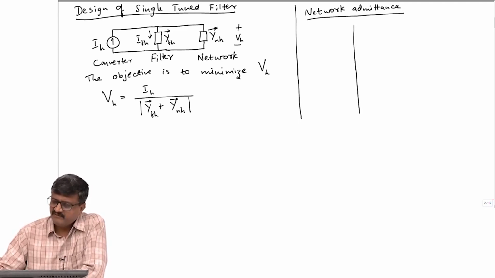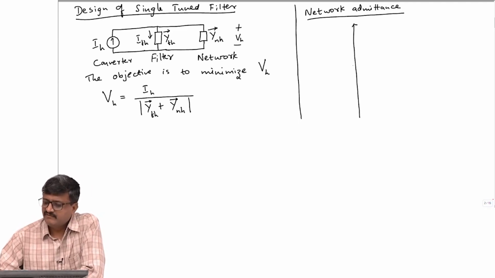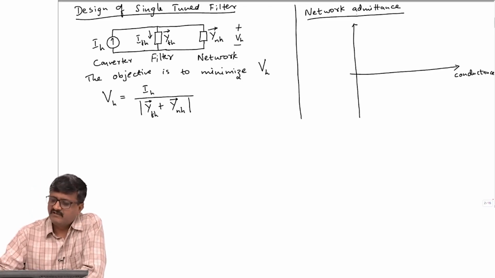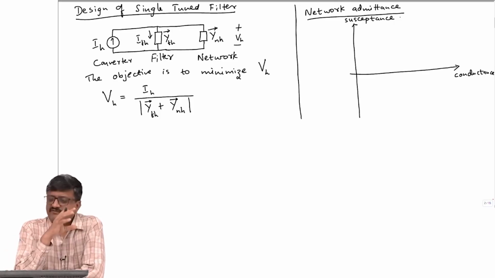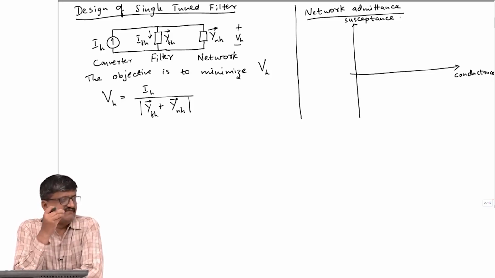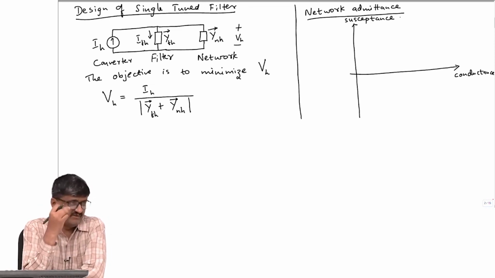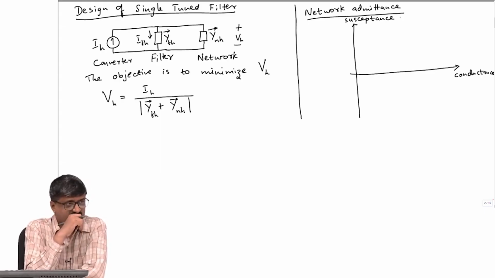In the complex plane the real part is the conductance of the network admittance and the imaginary part is the susceptance. Okay. Now, the question is, where will this network admittance lie? Which quadrant or which quadrants? It is possible to have values in all the 4 quadrants.